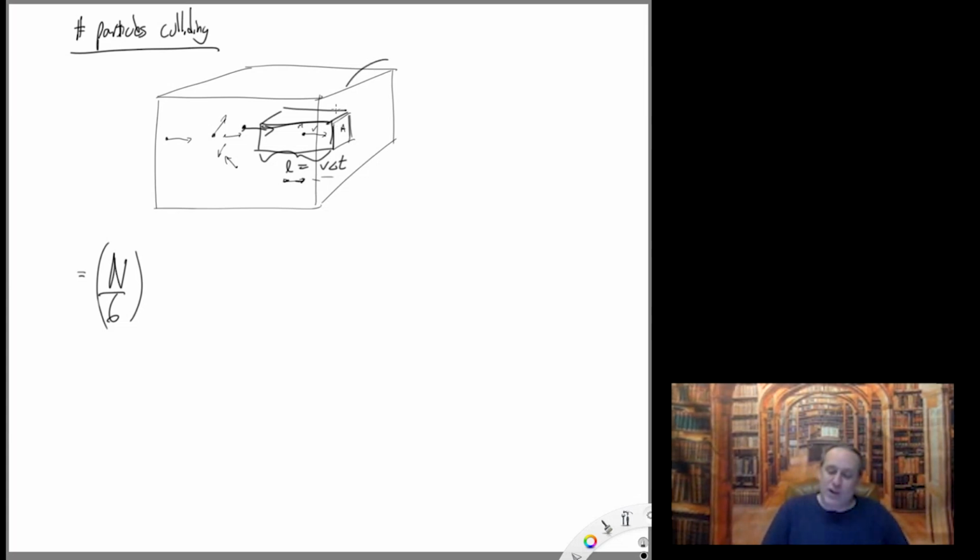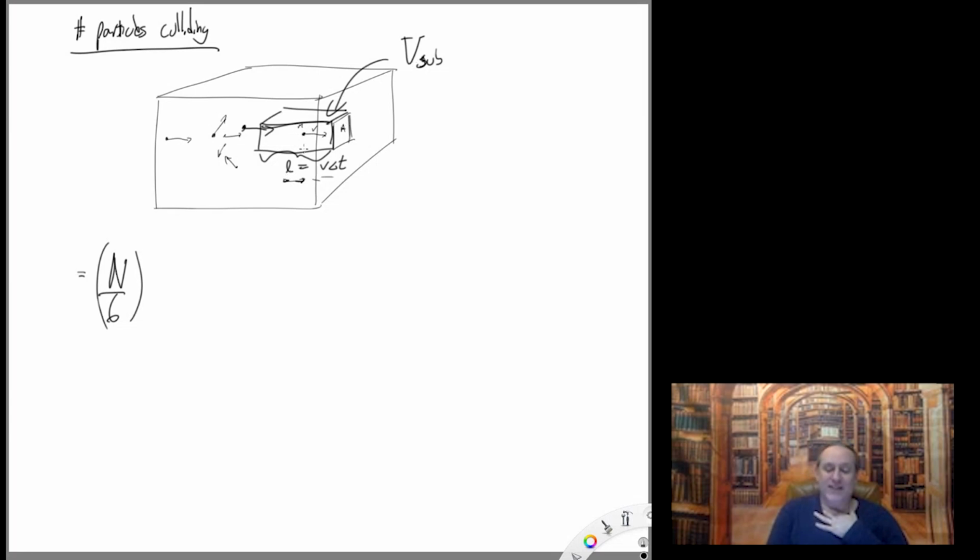If this little volume, I'm going to call it V sub, for a subset of the total volume, is 1/10 of the total volume of the box, then we should be able to reason that 1/10 of the particles in the box are going to be located at any moment in time in this little scoring zone. We only want to count particles in here. So how many particles are in here? Well, it depends on whatever fraction of the volume this is compared to the total volume.